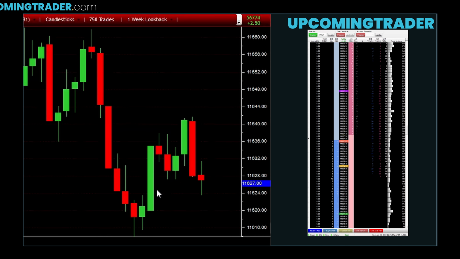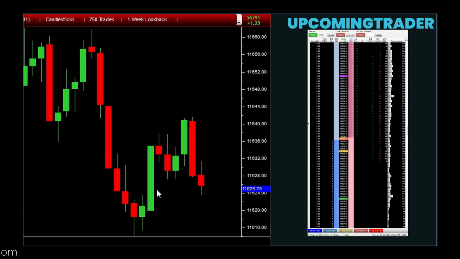Understanding volume by price can significantly enhance your ability to make informed trading decisions. Pay close attention to the levels with the highest volume, as these often represent key areas of support or resistance. These levels act as pivotal points where price tends to stall or reverse, primarily because many traders have already committed to their positions there.